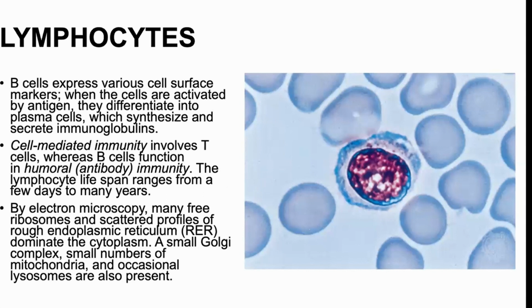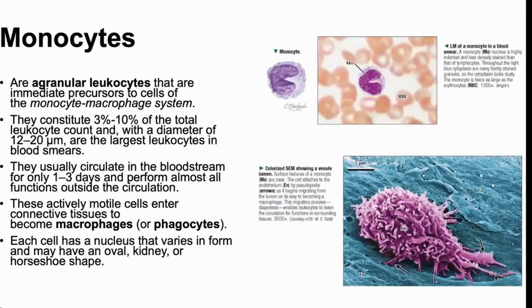And of course, you expect a rough endoplasmic reticulum, based on the first lectures that we've done. Once you see a lot of rough endoplasmic reticulum, you're going to see it with the Golgi complex, because it's synthesizing proteins, it's synthesizing immunoglobulin. So you'll need the protein synthesis, the packaging, and the release as well.